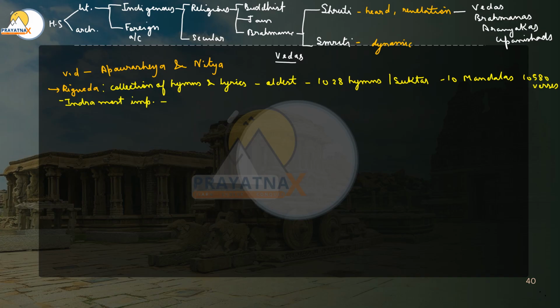Now, the second and the seventh mandala were known as the Vamsha mandala. It was added at the very beginning, whereas the first and 10th were added later.